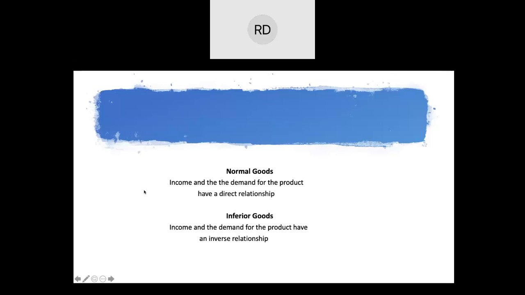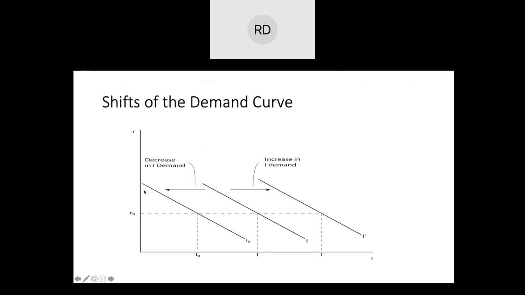So let's go back to our chart. We are right here. This is our original demand curve for the orange juice, and we still have our price $3. And then there is this researcher that says, well, orange juice gives you more energy for the day.